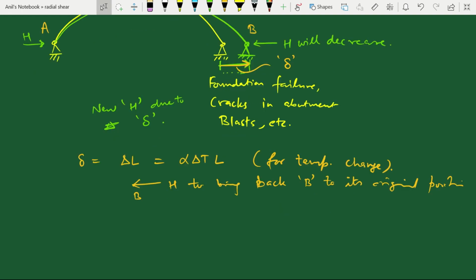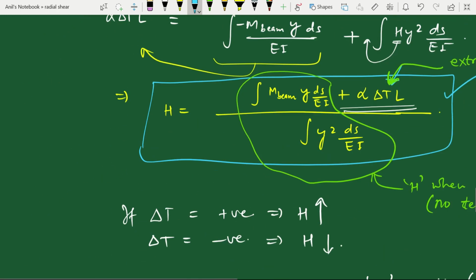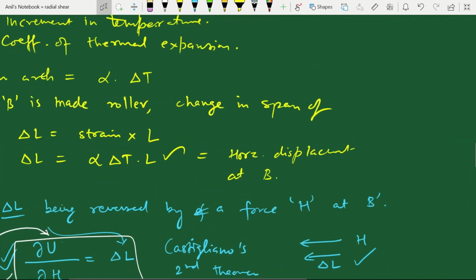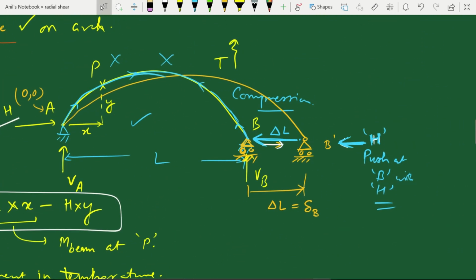But here the reverse is happening, because in the earlier case of temperature change, the displacement of the support was parallel to H and along H. So the direction of delta L as well as H was the same.